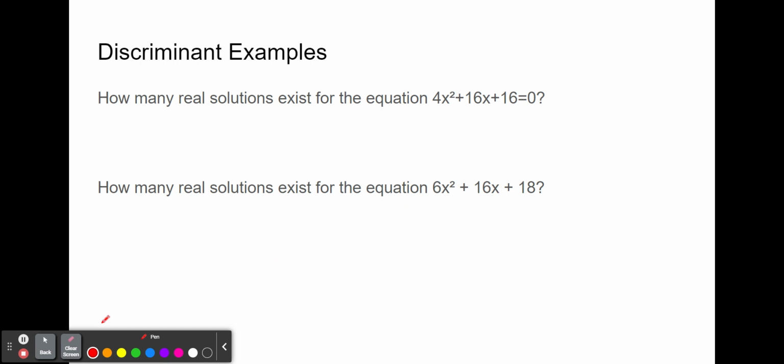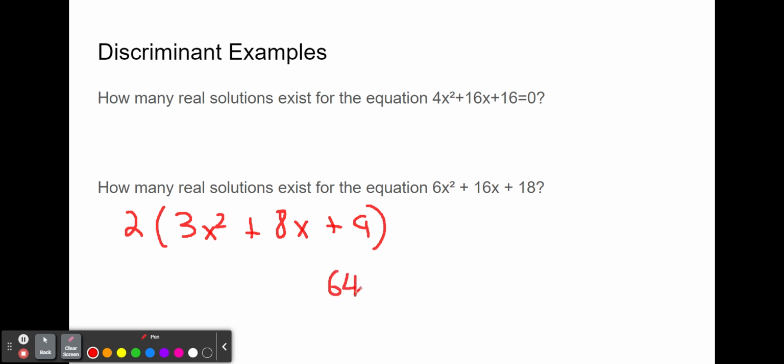Alright, back with this one. We're going to divide by 2. Next, we're going to have the 3x squared plus 8x plus 9. Alright, so b squared, so that's going to be 64, minus 4 times a times c.